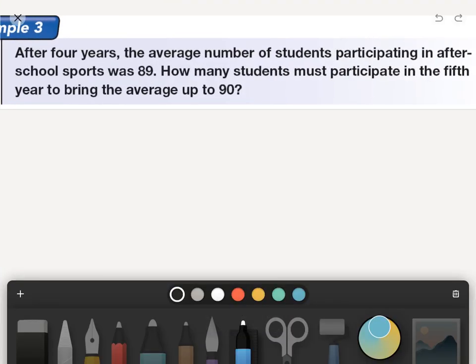So I see a hand raised here. I probably couldn't see your hand raised, but let me see what you have to say. 89 times 4, and then you get that. So that is something you will use, and then you would do 90 times 5.